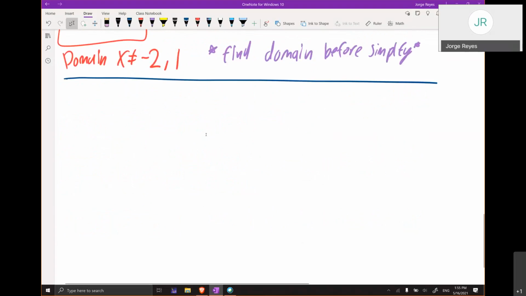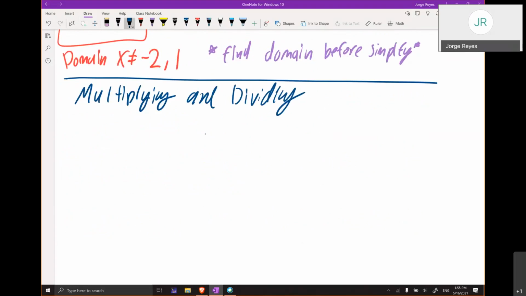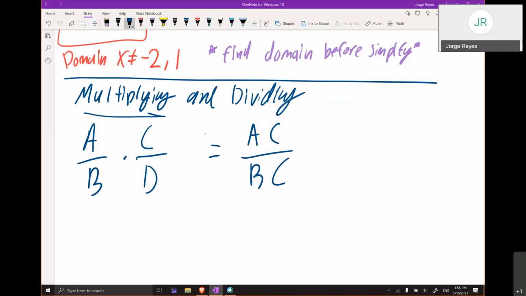Let's talk about rational expressions. So with rational expressions, we need to know how to do stuff with them. Multiplying and dividing. If you remember multiplication and division of fractions from a couple sections ago, you just multiply across.